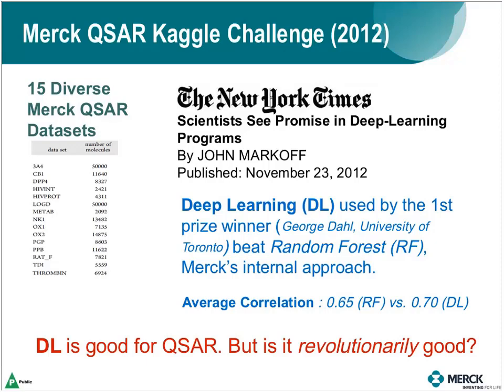This is the first time a deep neural net, deep learning, produced a result better than our random forest. So the question is, does this deep learning method represent a revolution, the start of a new age, or is it just an evolutionary improvement, another method which happens to be better than random forest?